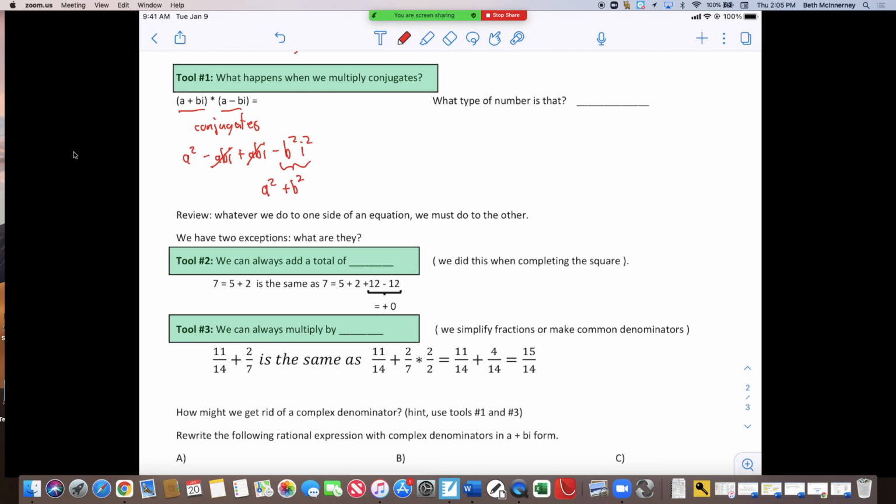What do you guys notice about this? Do you see an imaginary part in there? There's no imaginary part in this term. a squared plus b squared is going to be a real number plus a real number. And so when you multiply a number by its conjugate, we get a real number every time. This is going to be a very useful tool for us in a minute.